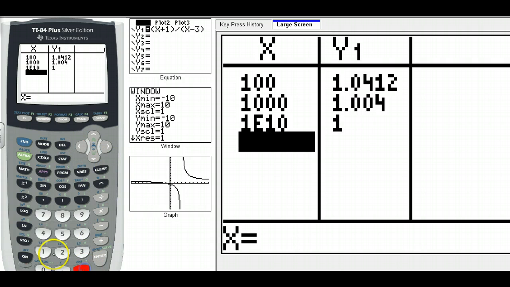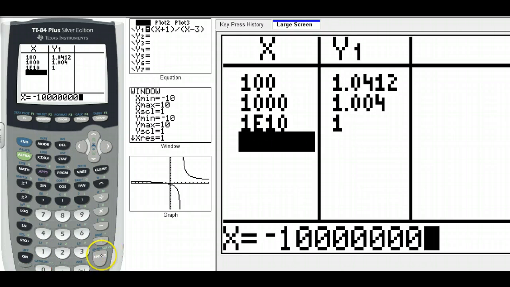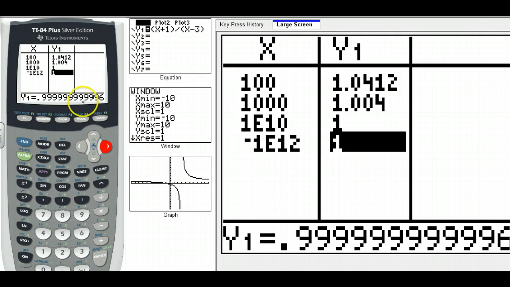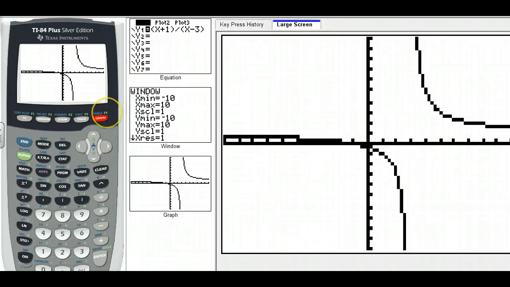Let me plug in a negative big number. As I go to negative, it also says 1, but once again we got a little bit of error. So this one's approaching from the underside. When I'm going to the left, I'm approaching from the underside, and when I'm going from the right, I'm approaching from the top side. And that's what this graph bears out: underside, top side.